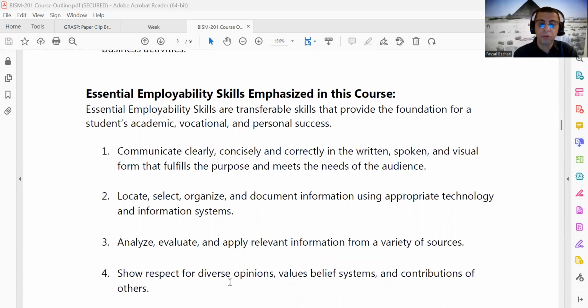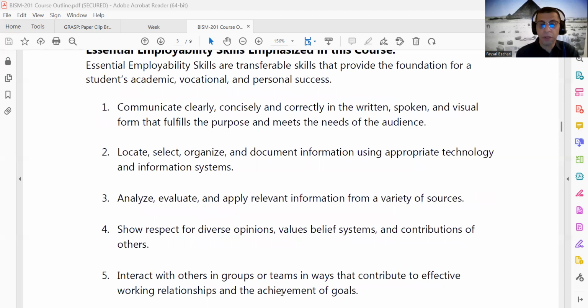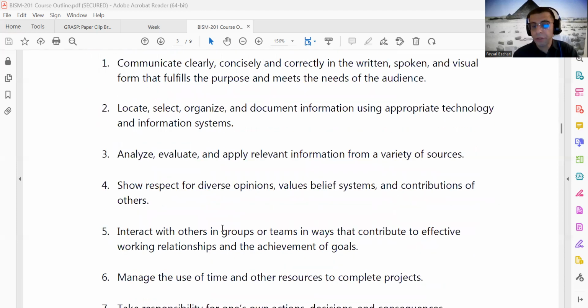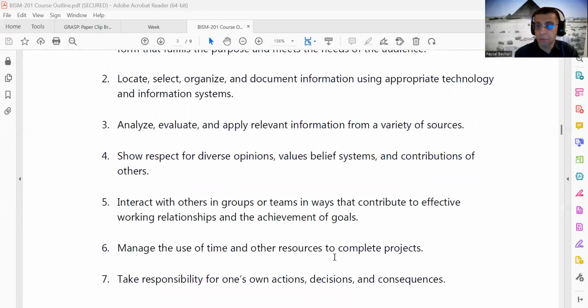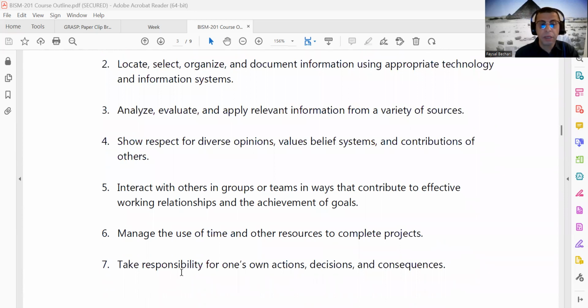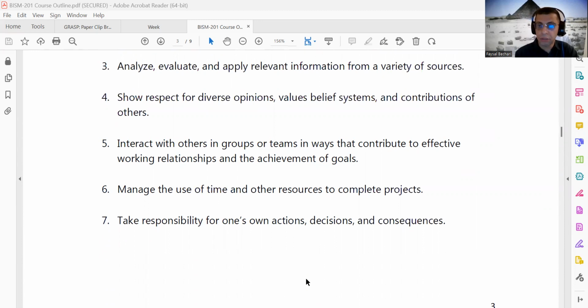We show respect for diverse opinions, value belief systems and contributions of others, and interact with others in a group or team in a way that contributes to effective working relationships and achievement of goals. We're also going to manage the use of time and other resources to complete a project, and take responsibility for our own actions, decisions, and consequences.